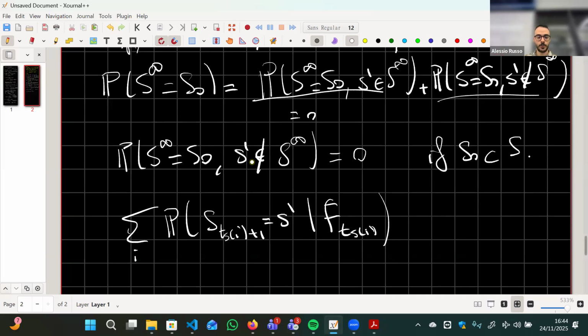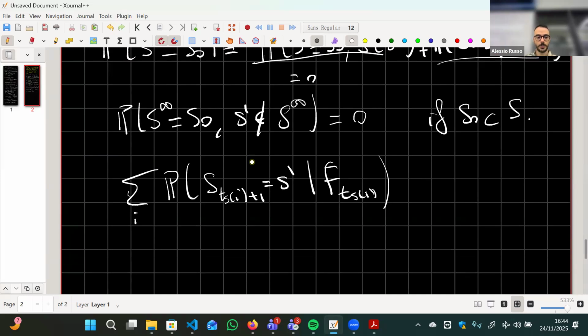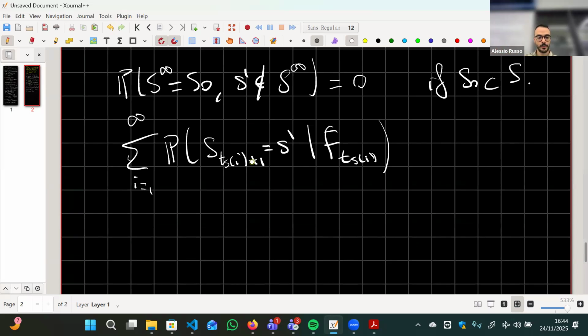To show that, we look at this probability: sum over i from 1 to infinity, probability that we visit state S prime the i-th time we are in state S. So here you can do law of total probability over the actions.